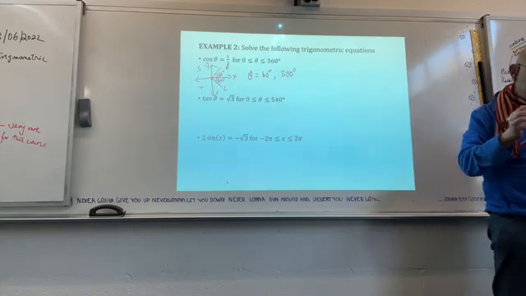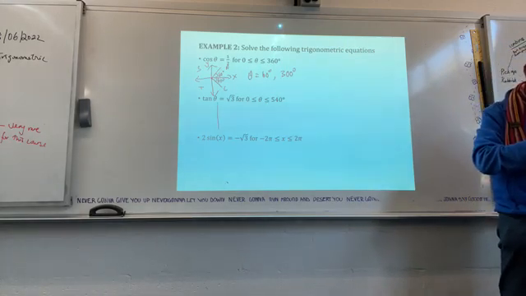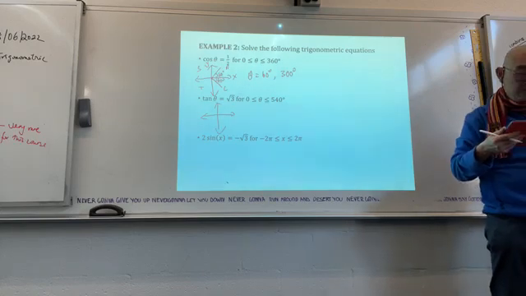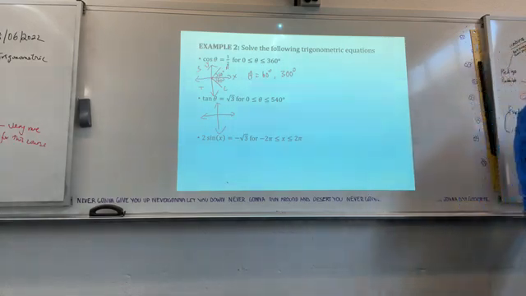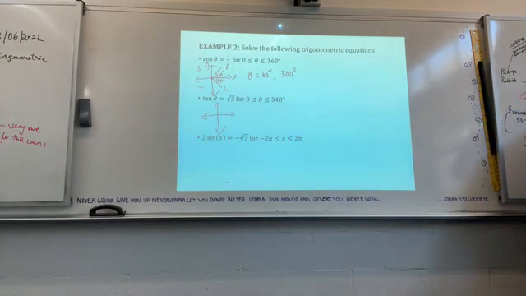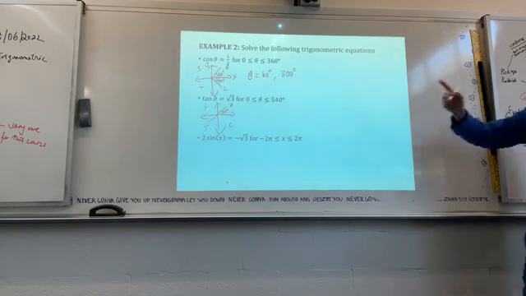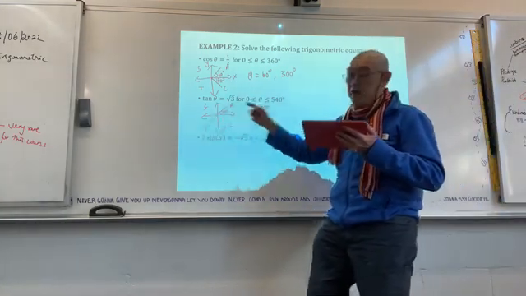Now, tan theta equals to square root of 3, for theta between 0 and 540 degrees. What would theta be? Reference angle? 60 degrees. You know it would be quadrant 1 and quadrant 3.